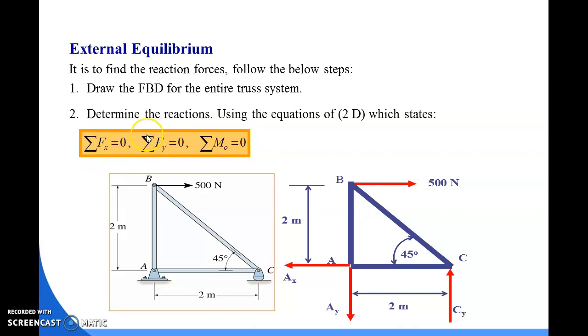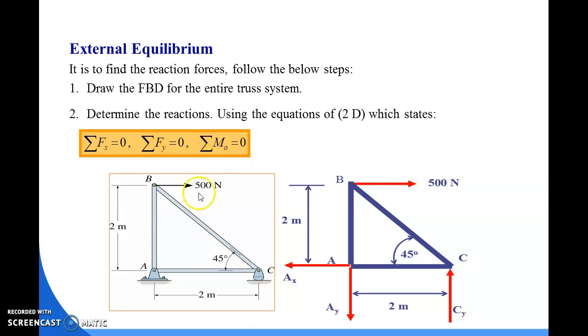The next equation is summation of Fy equal to 0, that means all the vertical forces are equal to 0. And the last one is summation of moment equal to 0, that means all the moments in the member are equal to 0.